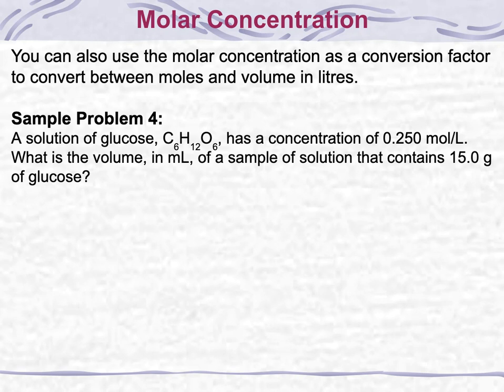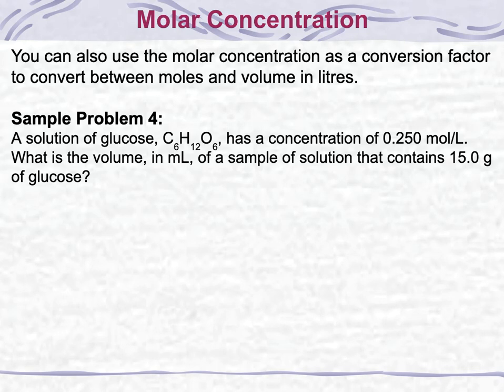So a solution of glucose, C6H12O6, has a concentration of 0.250 moles per liter. So that concentration means that 1 liter equals 0.250 moles for that solution. So we can use that as a conversion factor.